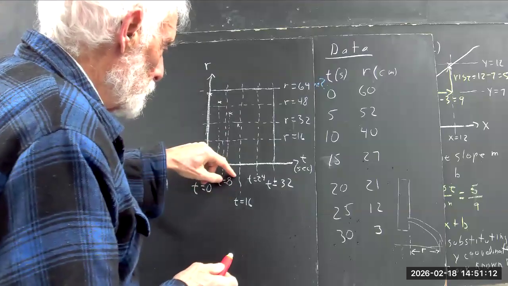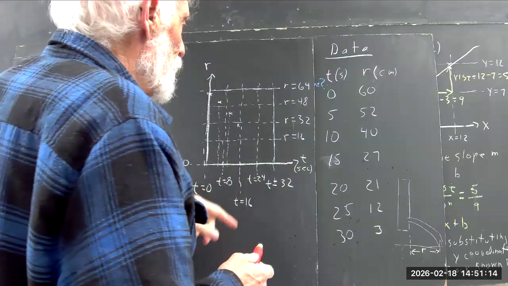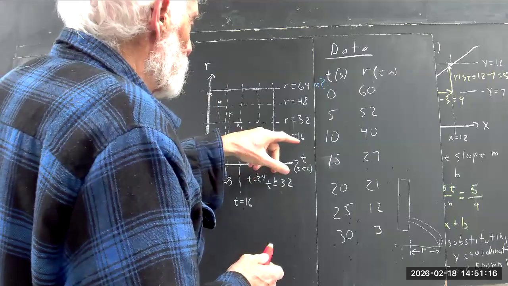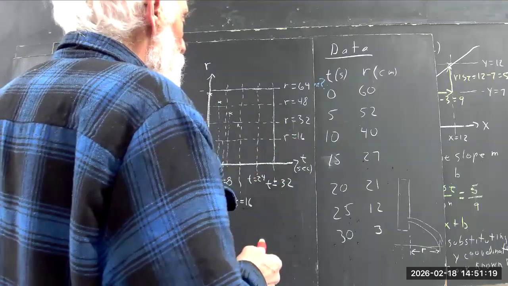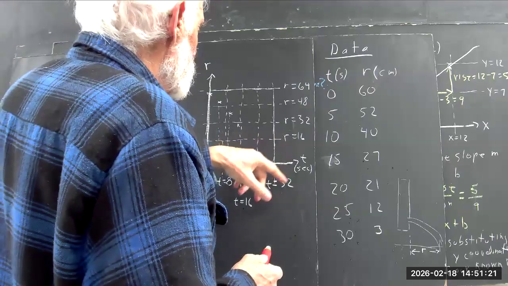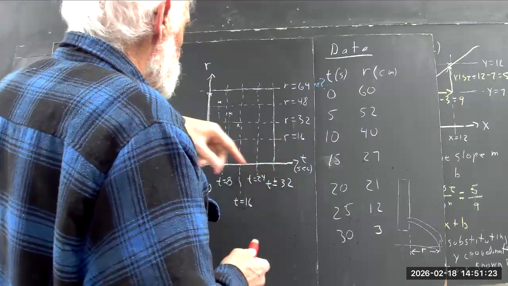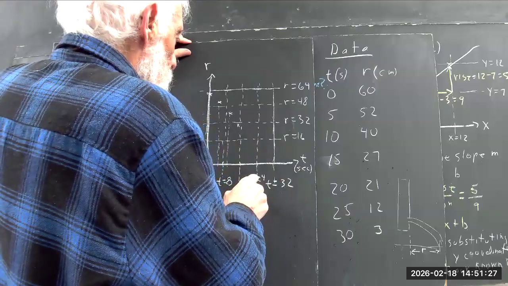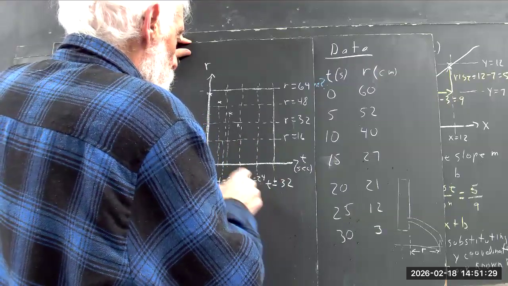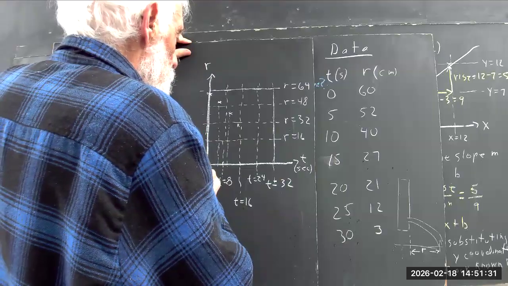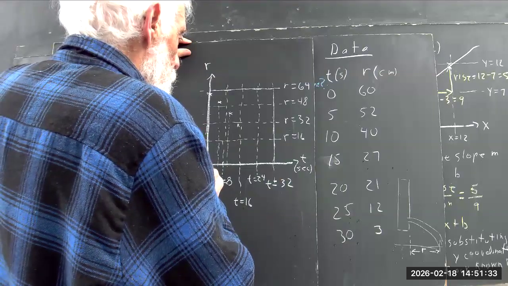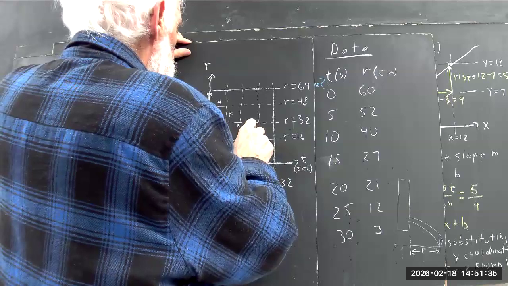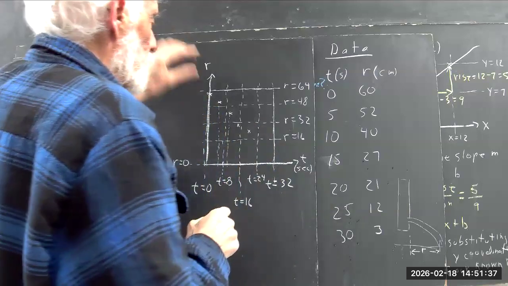T equals 20 is halfway between 16 and 24. And R equals 21 is between 16 and 32, but about twice as close to 16 as it is to 32. So 20, 21 ought to be about there.